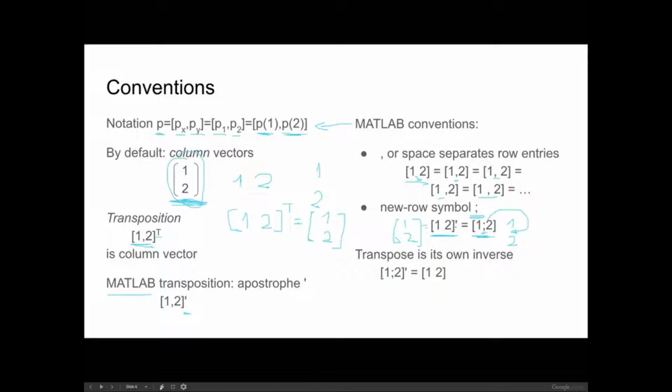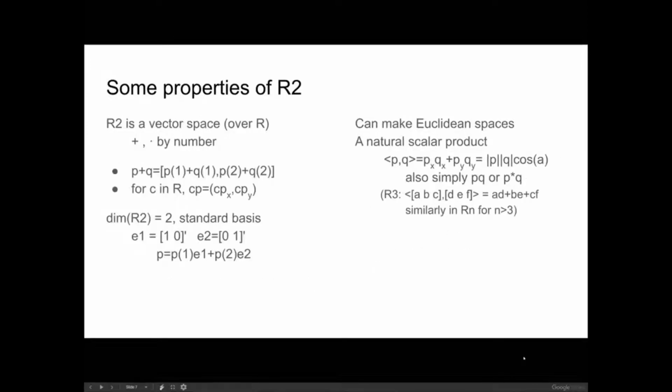The transposition is its own inverse, so the transpose of the transpose is the original vector. If you have this column vector and apply the transposition to it, you get a row vector like that. Let's just play with changing columns and rows back and forth. It's a standard thing in linear algebra and also in MATLAB, and we will be using this notation.